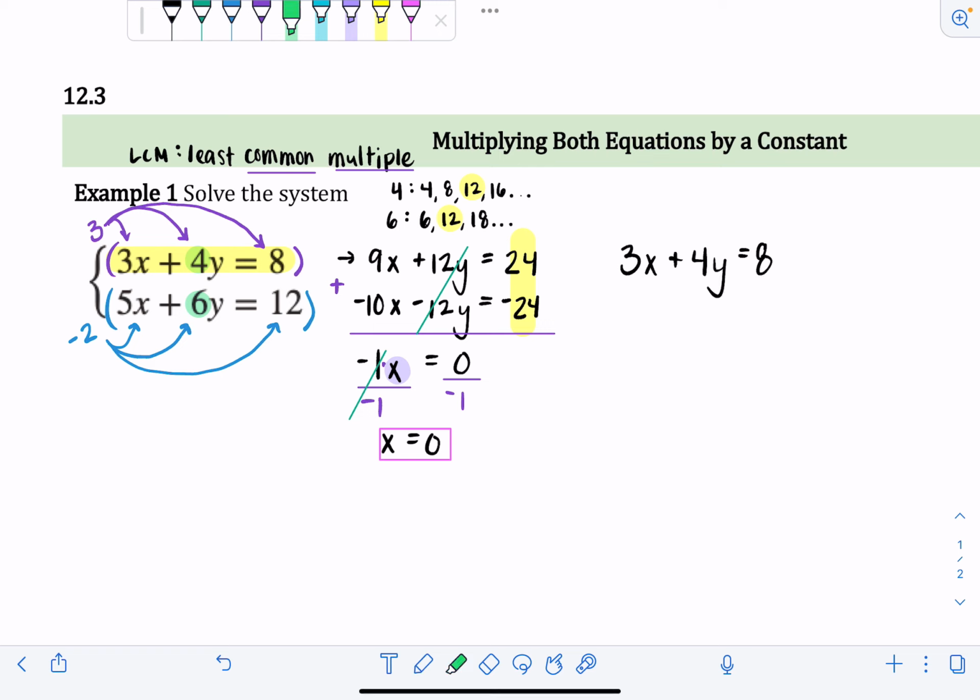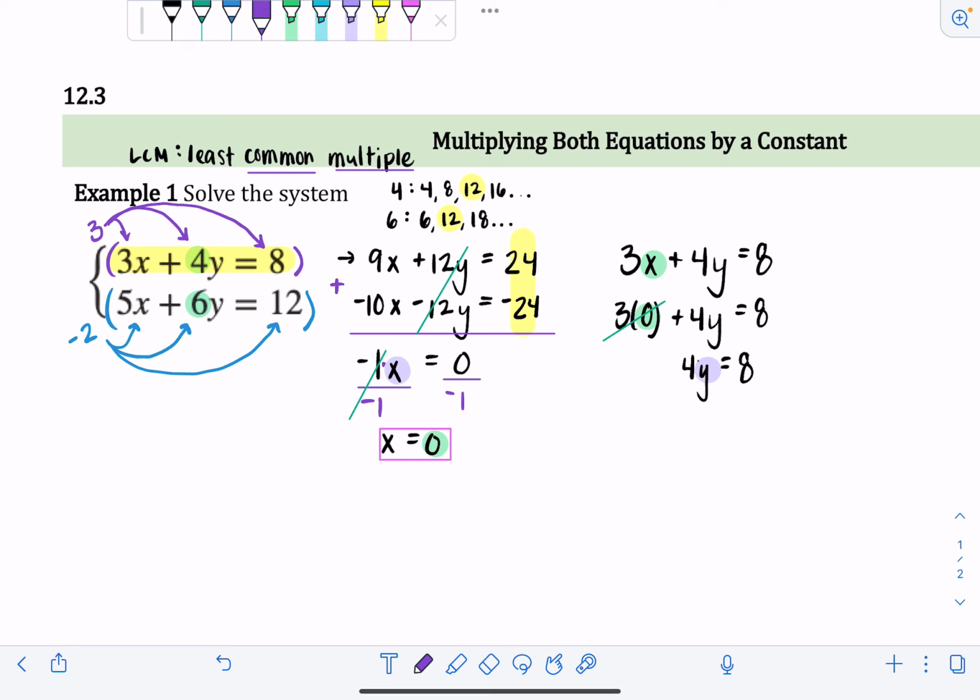I'm going to take that x equals 0 and put it into the equation where x is. So 3 times 0 is 0, plus 4y equals 8. 3 times 0 is just 0, so I don't need to write 0, I just cross it off. And then I bring down my 4y equals 8, and my goal is to solve for y.